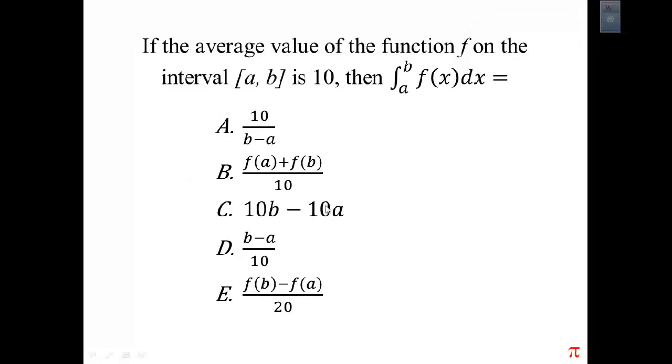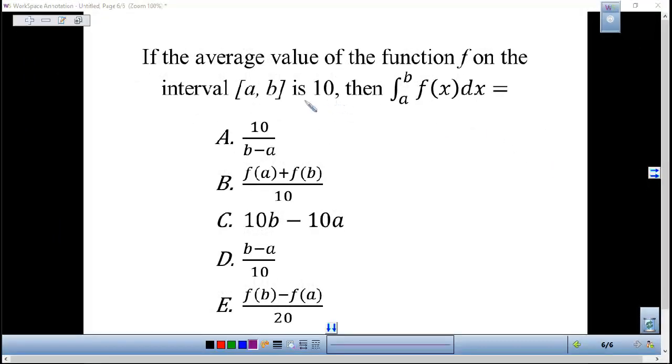All right, if the average value of the function f on the interval from a to b is 10, then what is the integral from a to b of f of x dx equal to? Remember, this is the average value. So we have 1 over b minus a times the integral from a to b of f of x dx, and we know that this equals 10.